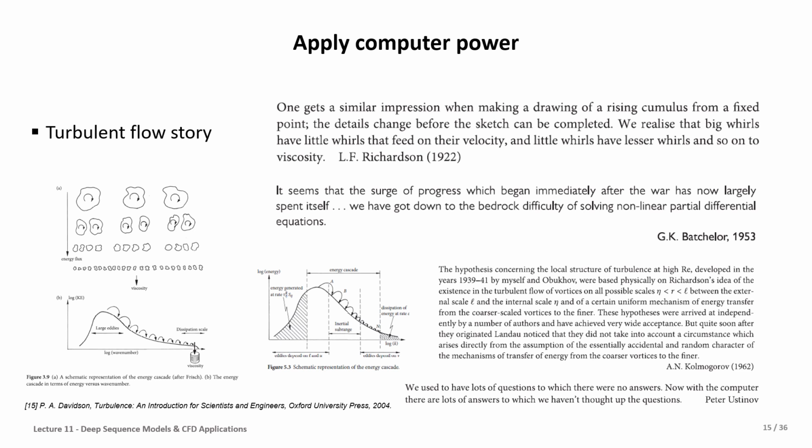And it started from Richardson in 1922, which suggested this idea. Then there is a hypothesis from Kolmogorov, which came in 1941, and it was corrected again in 1962. It's called K41.